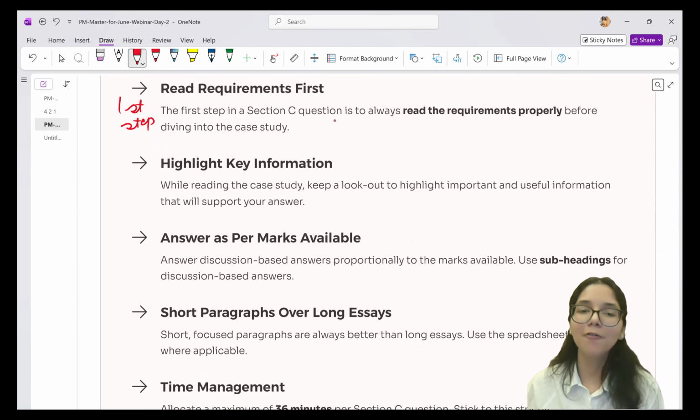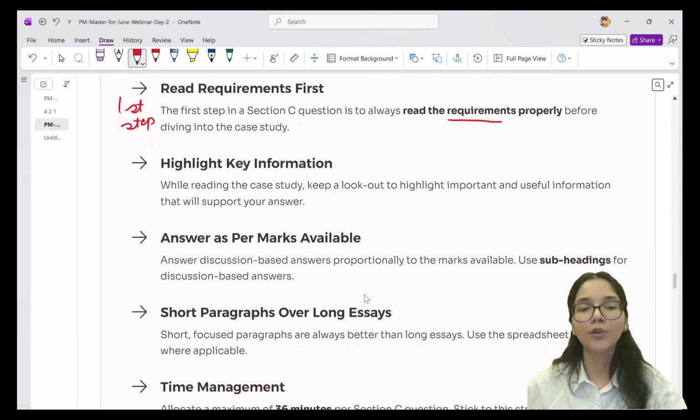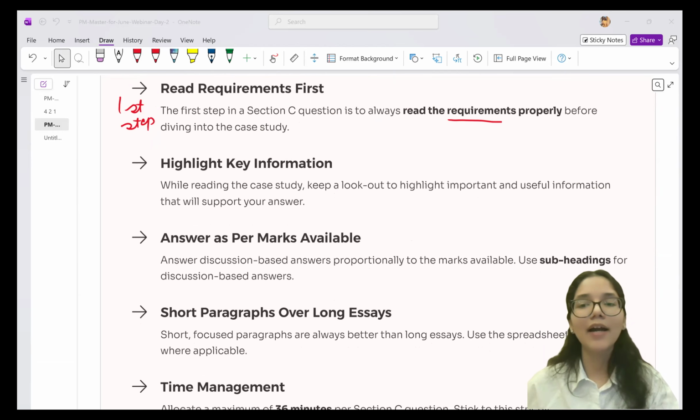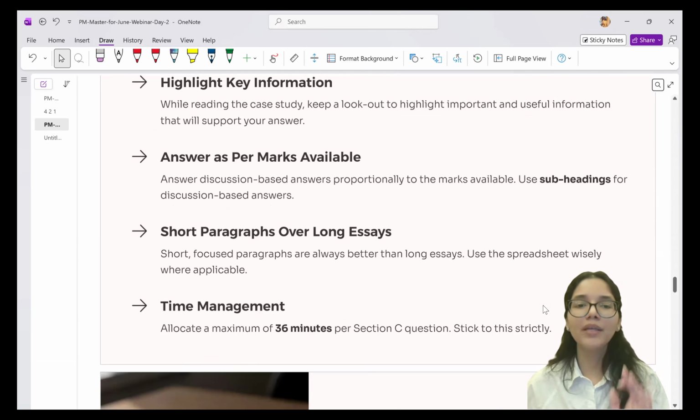Then, after you know what the requirements are, what the examiner wants you to do, you are going to dive into the case study. While you are reading the case study, you will keep highlighting any important information which you might use in your answer. Then all of your answers have to be as per the marks that are available.